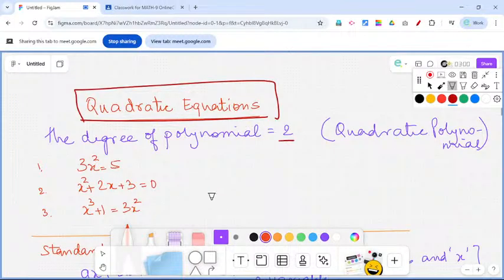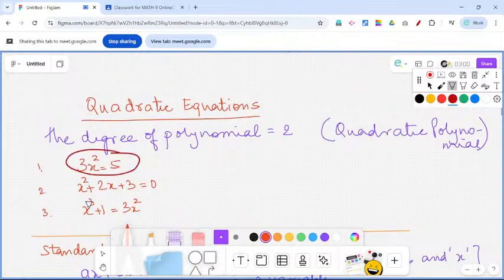Okay? Now for example, if we see this equation, this is a quadratic equation, because I can write this as 3x square minus 5 equal to 0. And if you see here, what is the highest power of the variable? What is the degree of this polynomial? This is a polynomial; this complete thing is an equation.